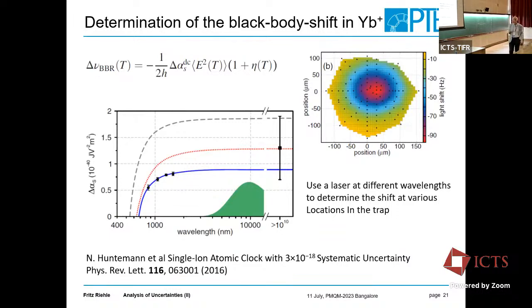How to determine the black body shift in the ytterbium ion? You have a driving electromagnetic microwave field to store the atoms. This heats up the whole trap to some extent. Even if you would keep it at very low temperature, there is a heating due to these fields.